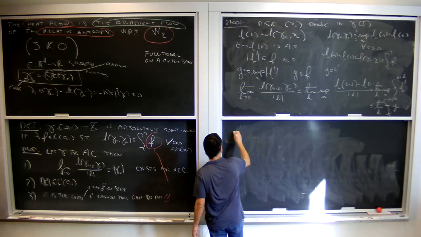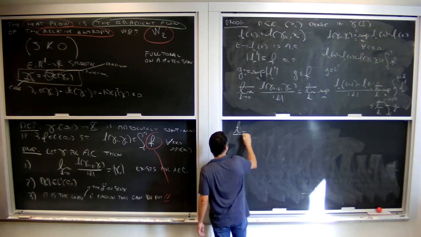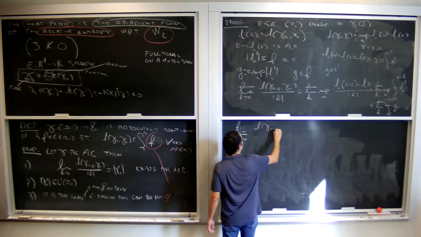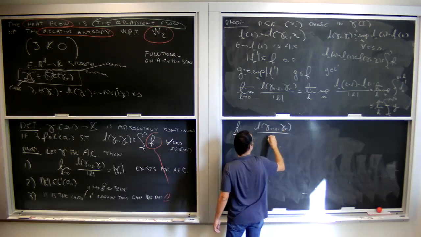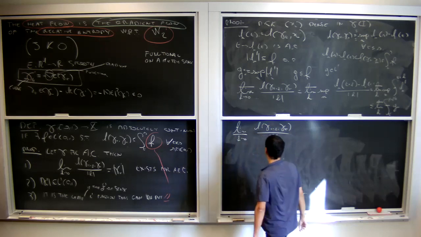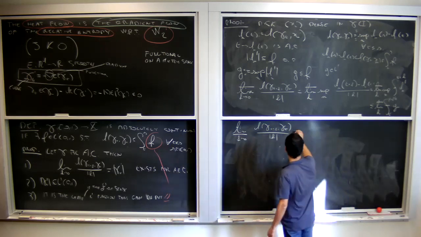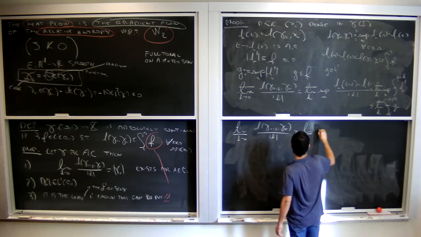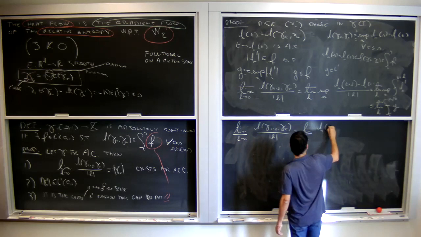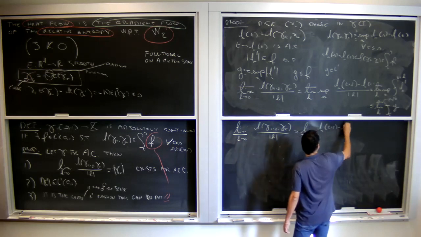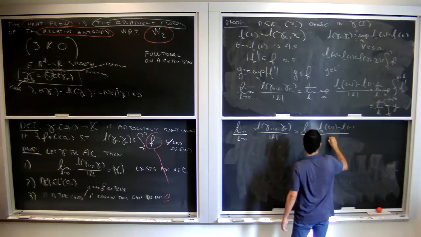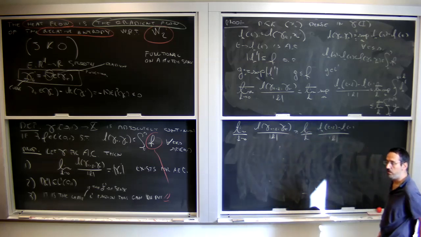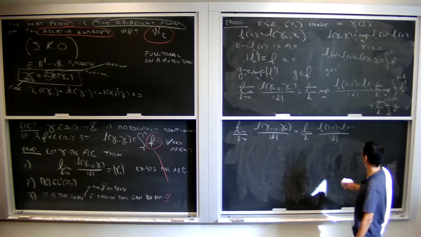What about the limit? The limit as h goes to 0 of the same quantity, the distance between gamma(t+h) and gamma(t), divided by h. Well, for any n, this is greater or equal than the limit over h of the distance d_n(γ(t+h), γ(t)).